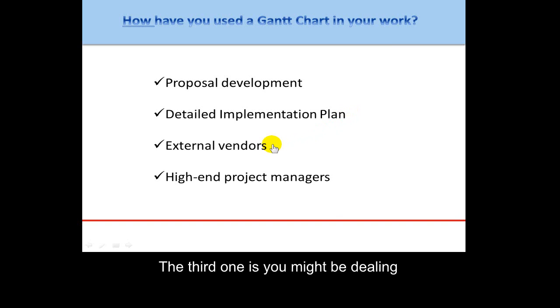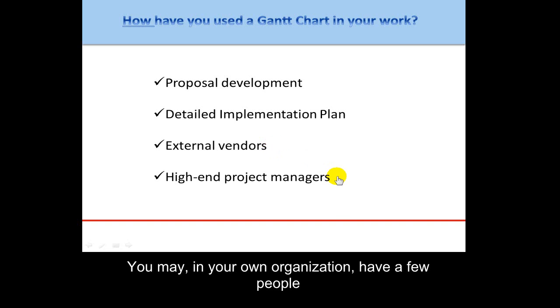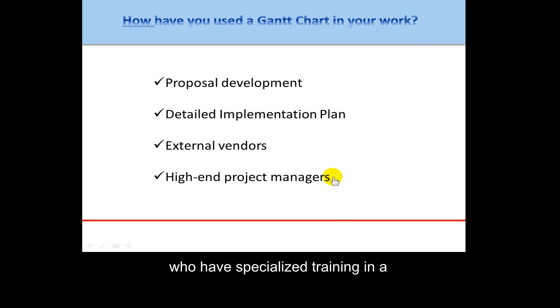The third one is you might be dealing with external vendors or consultants who are using Gantt charts as part of the work that they're contracting with you. And you may, in your own organization, have a few people who have specialized training in a particular subject matter area, or may even be trained in project management. So you may see some Gantt charts that they've been using in their work.